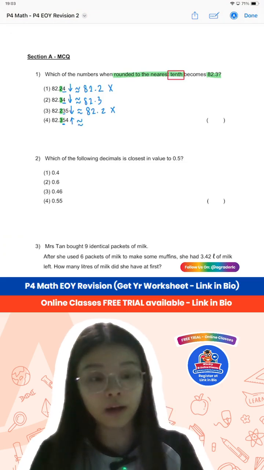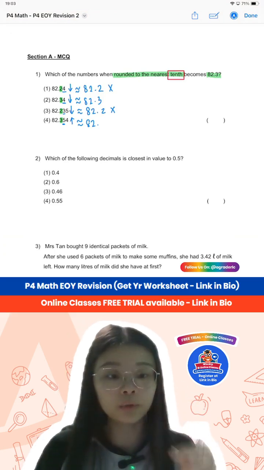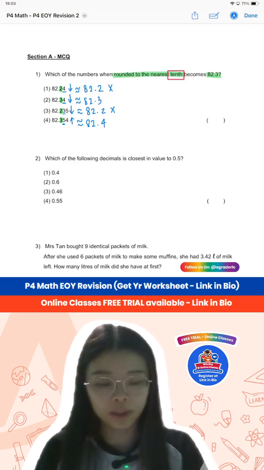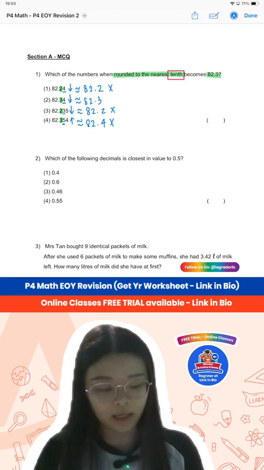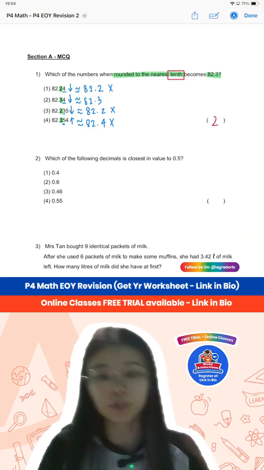When we round it up, 82.3 turns into 82.4, and the option is still wrong. So we do get our correct answer. The answer is option 2. Just now Terry mentioned option 2, which is correct.